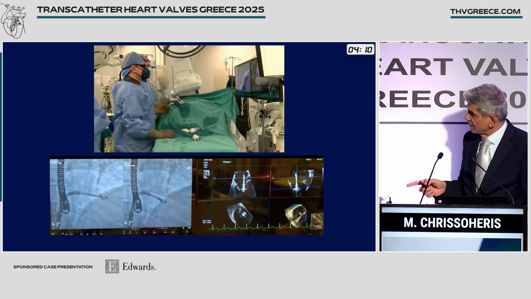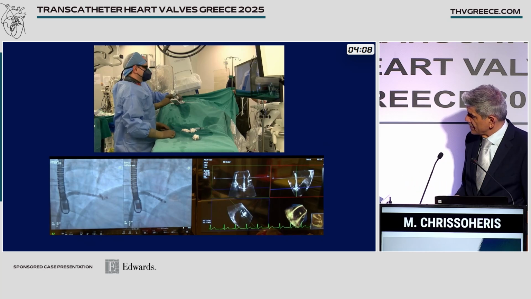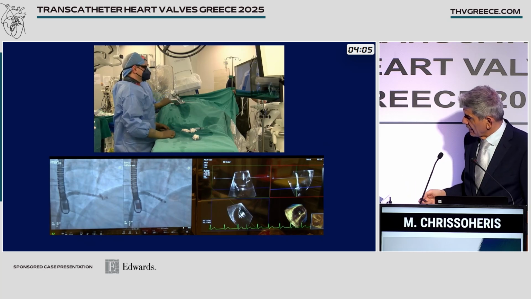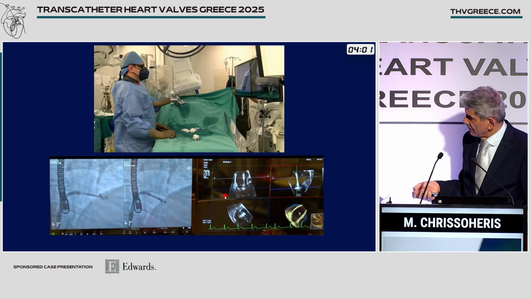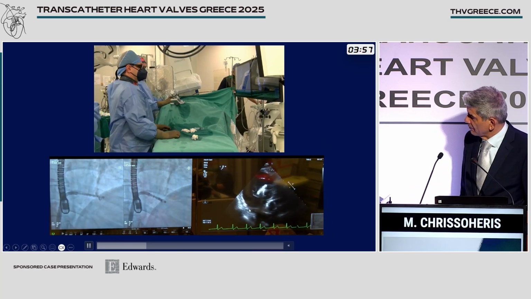The beauty of multiplanar reconstruction is that you have all views at the same time, and you can quickly go to the 3D view and the short axis view to assess your clocking.